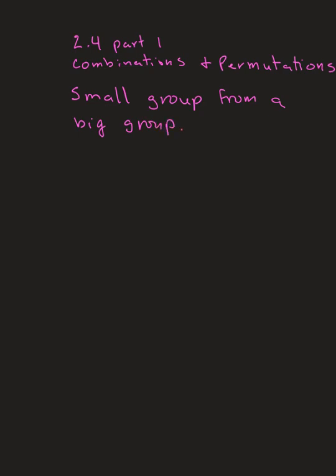All right, so I'm going to write a question down, and we're going to take a look at it. So here's going to be our example: I will pick 3 students from this class.